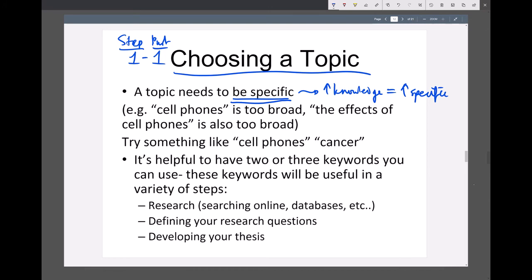For example, cell phones. You can have different brands of cell phones. You can have different types of cell phones. You can look at different things about cell phones. The effects of cell phones is also too broad, even though you have the effects on the people outside. Okay, it can be psychological effects.